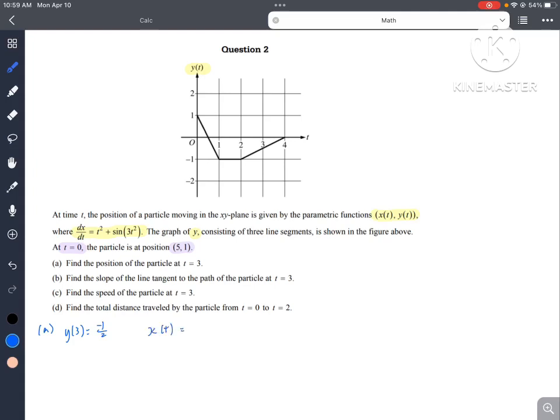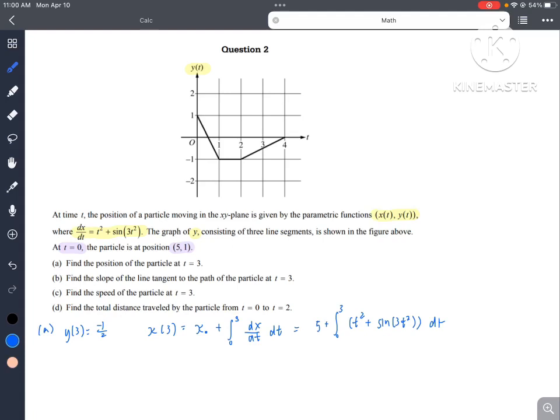What about x of t? Well, if we want to find x of 3, we can do x of 0 plus the integral from 0 to 3 of dx over dt, and x of 0 is 5, so it's 5 plus the integral from 0 to 3 of t squared plus sine 3t squared dt. Let's put it in our graphing calculator.